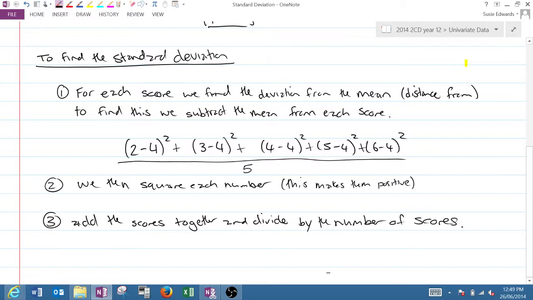This is called the variance. It's called the variance, where we've subtracted the mean, squared each number, and then found the mean of them. That's what the variance is.